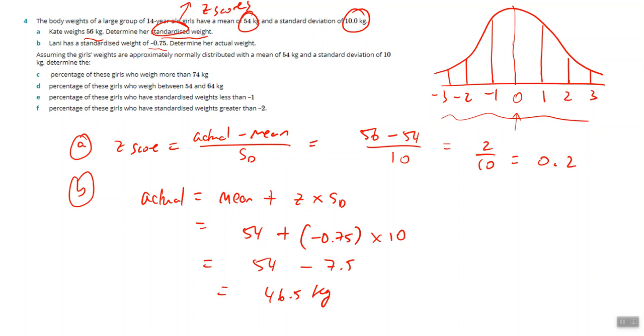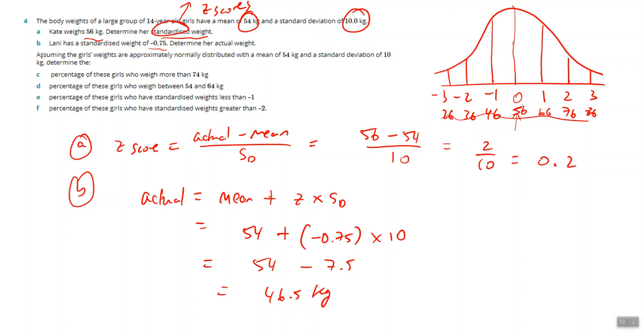Okay, which makes sense, because we know if I were to map out actual scores, then the mean value would be 56, and this will be 66, 76, 86, 46, 36, 26. A z-score of -1 or -0.75 will be somewhere around here, and it's around 46.5, which makes sense because it's between 46 and 56. Okay, that makes sense.